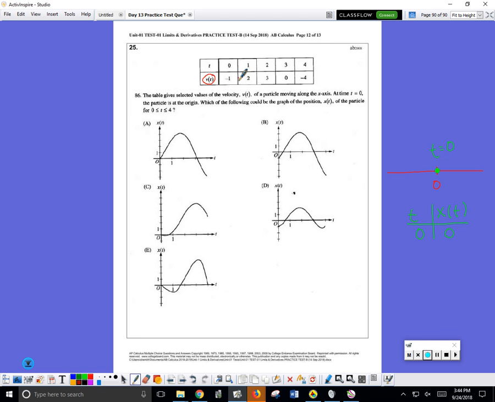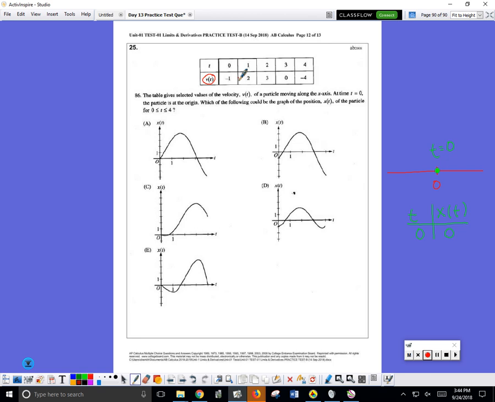The velocity is positive, so it can't be E because velocity is negative at time 1 on graph E. So the velocity is the tangent slope of the position. You must have that memorized. That's what Liv was doing a minute ago.